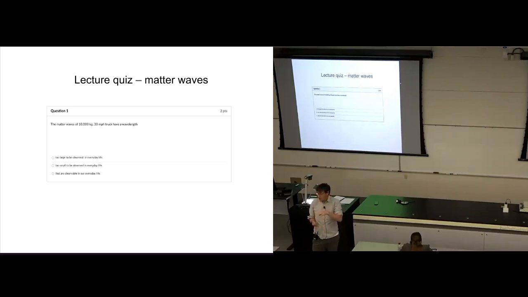That wavelength is far, far smaller than everyday size scales and is imperceivable, unnoticeable to us. So we never see the matter wave effects of everyday objects like you and I, or trucks or cars or chairs and tables, because they have so much mass, they have so much momentum that the matter wavelengths are so short, they're imperceivable.